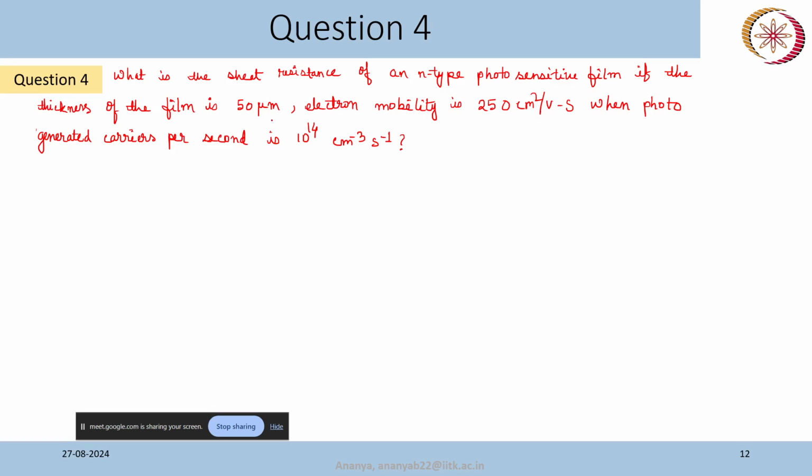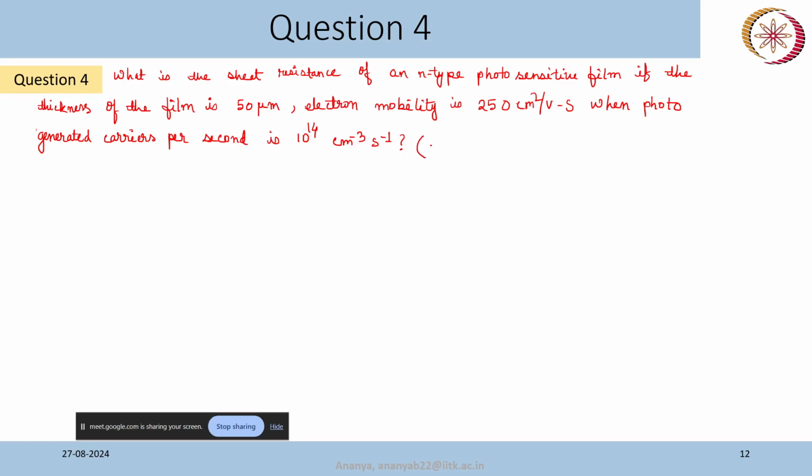So this is the question: what is the sheet resistance of a photosensitive film of thickness 50 micrometer? Electron mobility is given 250 centimeter square per volt second, and photo generated carriers per second is 10 to the power 14 per centimeter cube per second.